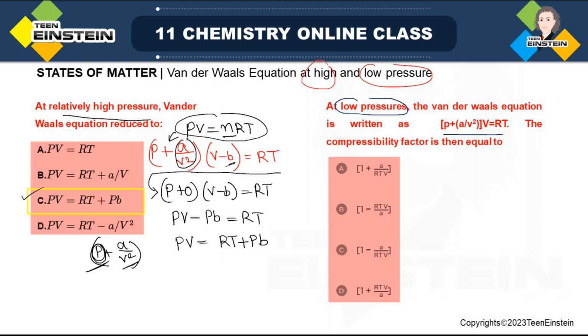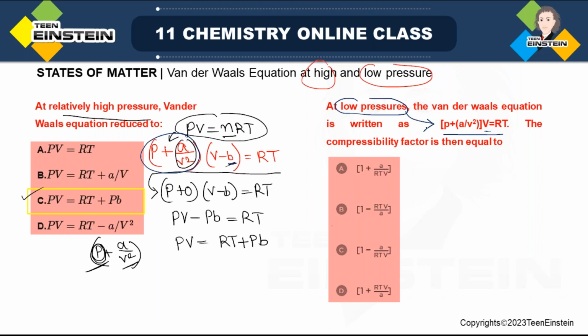That means this term is still present, but for V, normally in Van der Waals we subtract small b, but here simply capital V is written, that is simply the volume, and on the right hand side as usual RT, and this is for 1 mole. So this equation is given, which is applicable at lower pressure.